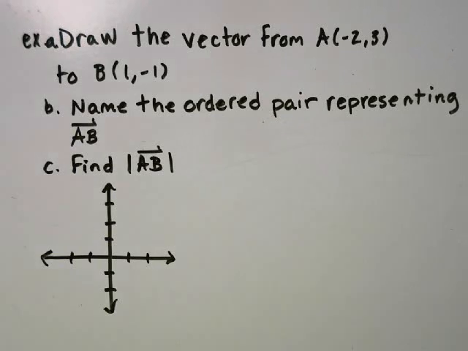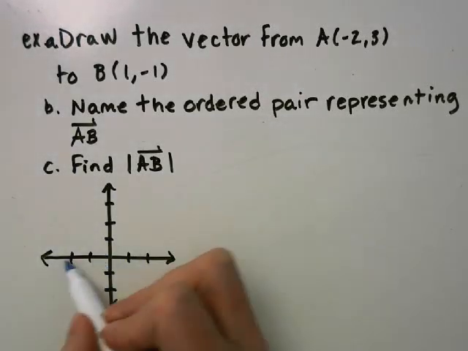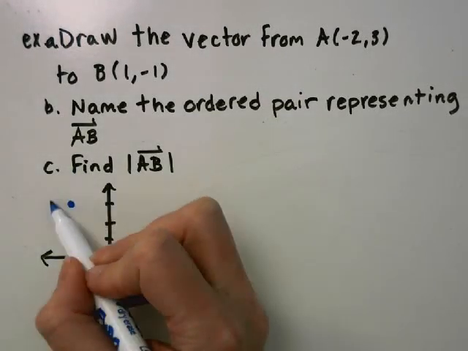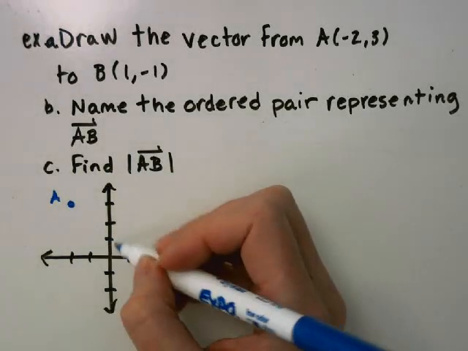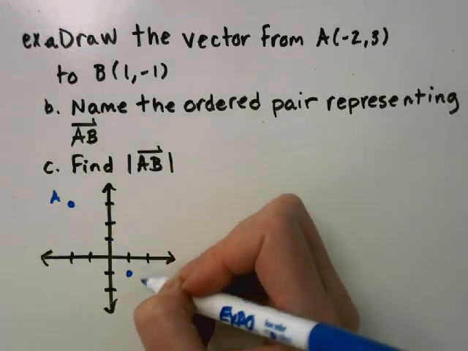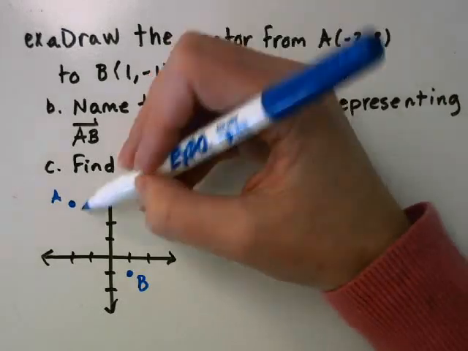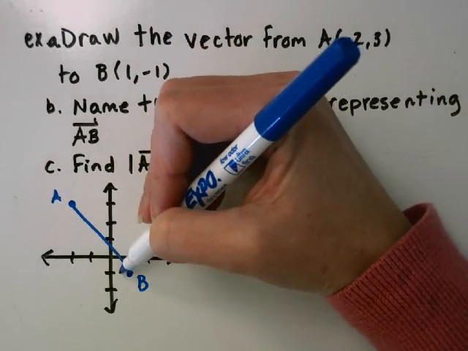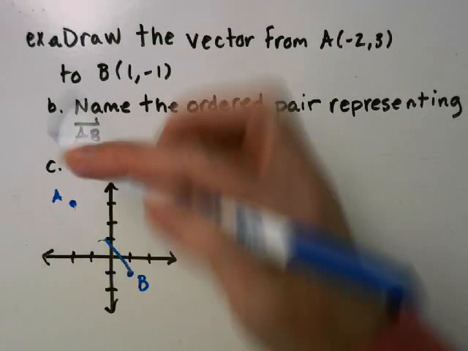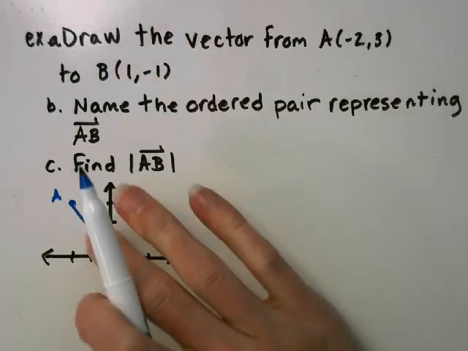So we'll draw, starting at negative 2, positive 3. B is at 1, negative 1. Draw it.